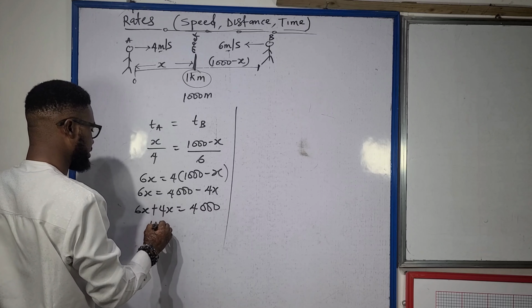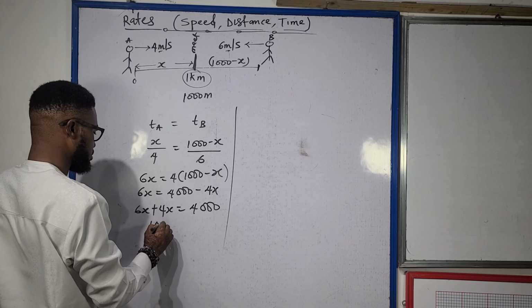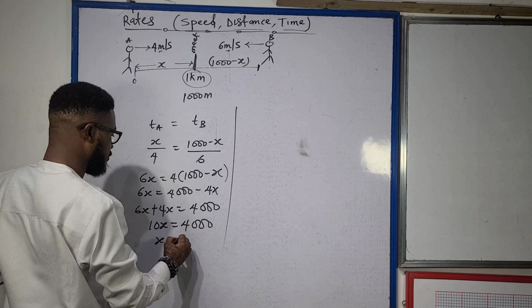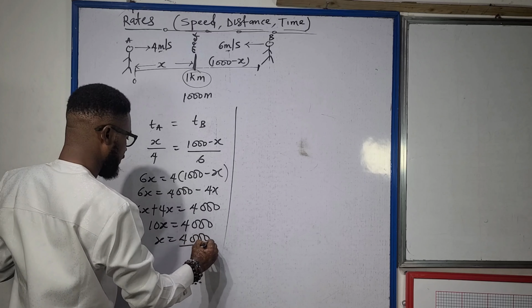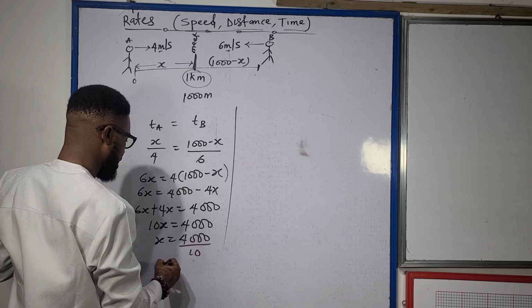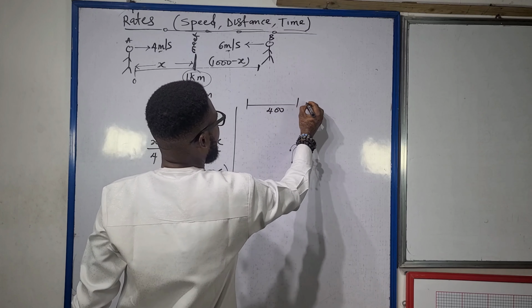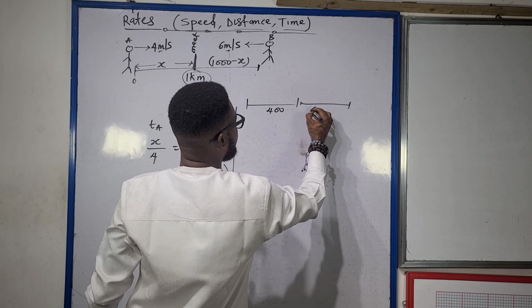So that 10x equals 4,000. So that x equals 4,000 divided by 10. x equals 400 meters. So it means from here to here, x, is 400, and from here to here we have 600.